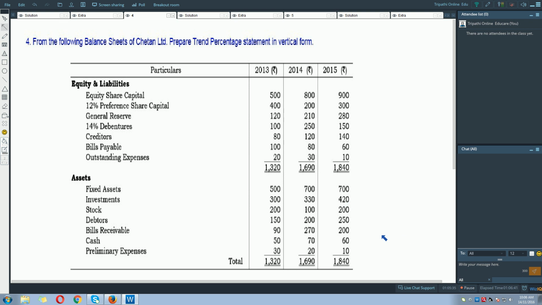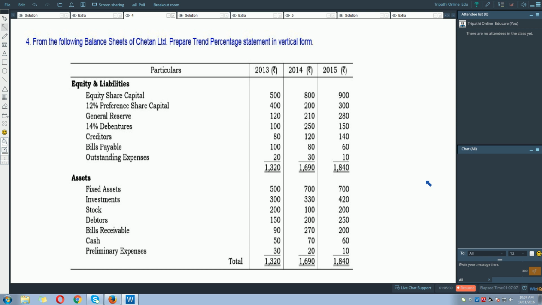So this is how we'll have to solve this sum of common size in the exam. Let us go for the next question. From the following balance sheet of Chetan Limited, prepare trend percentage statement in vertical form. Particulars 2013, 14, 15.